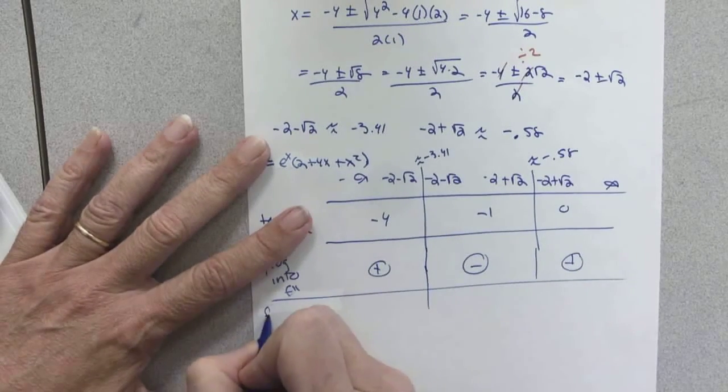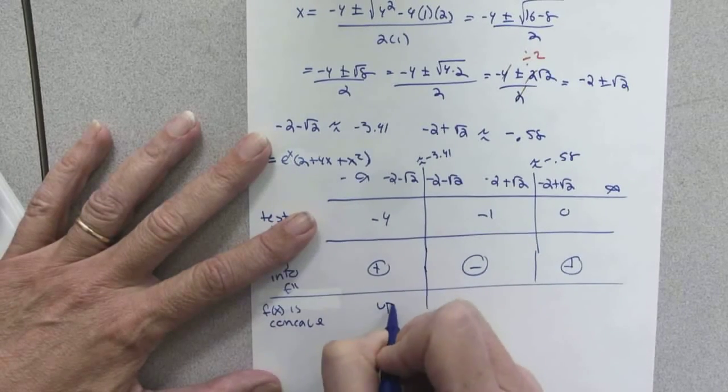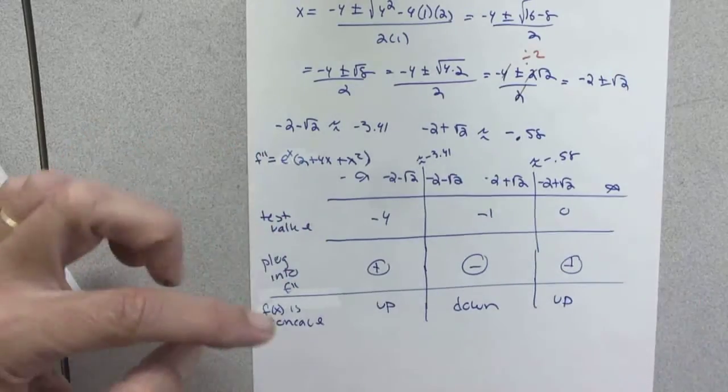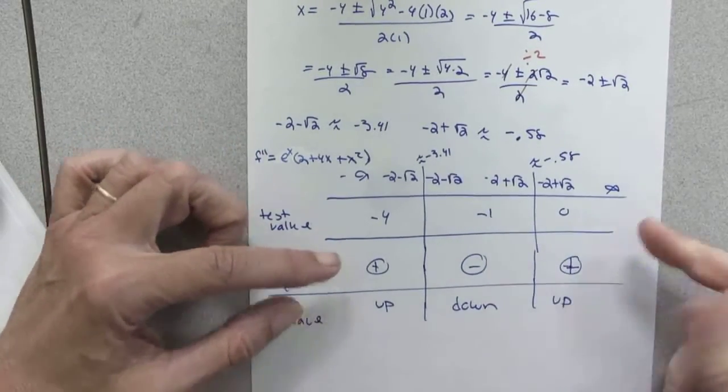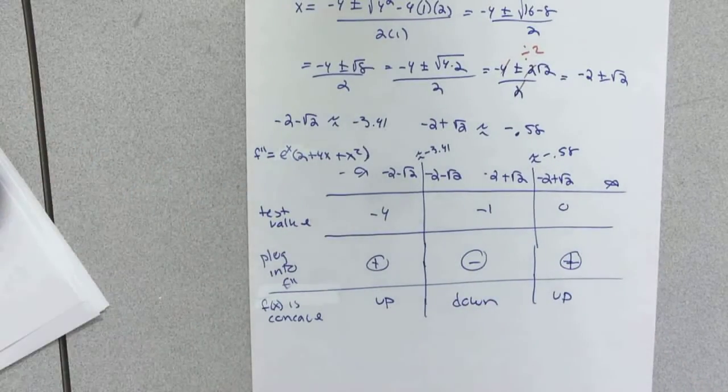And so this tells me that f of x is concave up, down, and up. Positive second derivative means we're concave up. Negative second derivative means concave down.